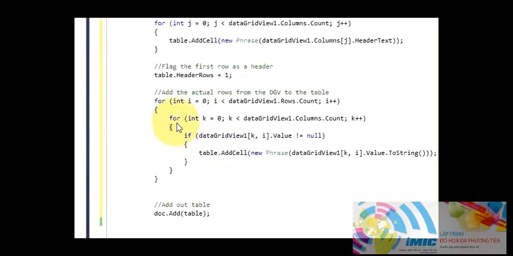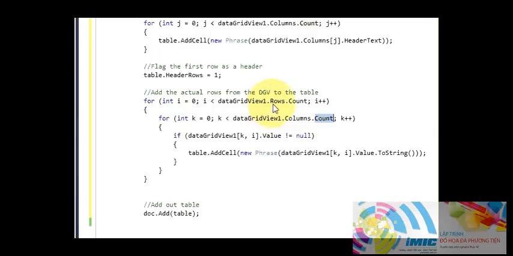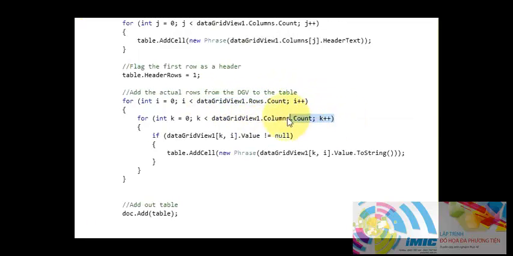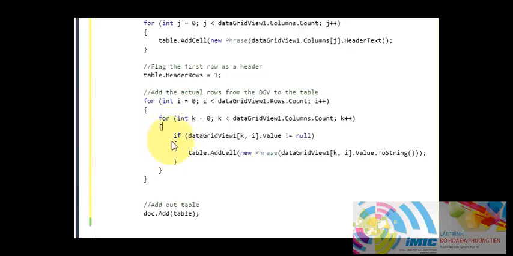So write the second for loop, and inside the second for loop declare int k = 0; k < dataGridView.Columns.Count; k++. First we are taking the rows in this for loop, and in the second loop we are taking the columns. Okay, and then inside these two for loops give this condition.